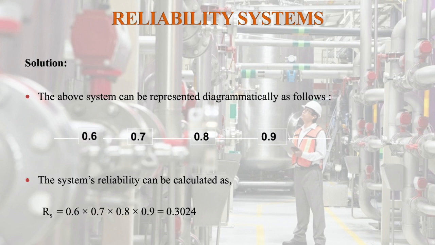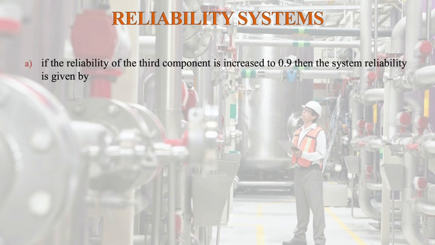Then second, if the reliability of the third component is increased to 0.9, then the system reliability is given by, so let us see what change takes place. Rs is equal to 0.6 into 0.7 into, again here we have changed, that is 0.9 instead of 0.8, and into 0.9, that is equal to 0.342.